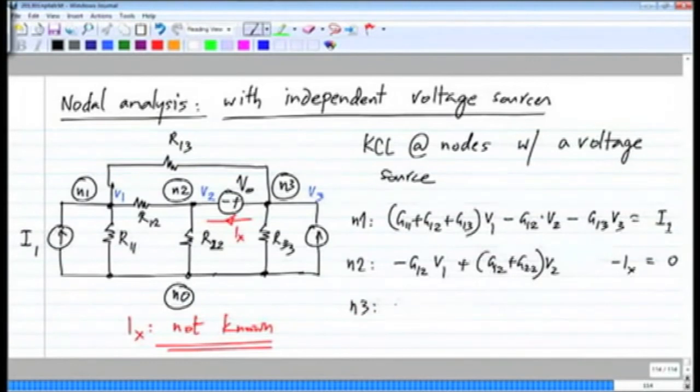We have minus G13 times V1 and plus Ix, because Ix is flowing out of the node, and plus G13 plus G33 times V3, equals I3. So we have an extra variable Ix.